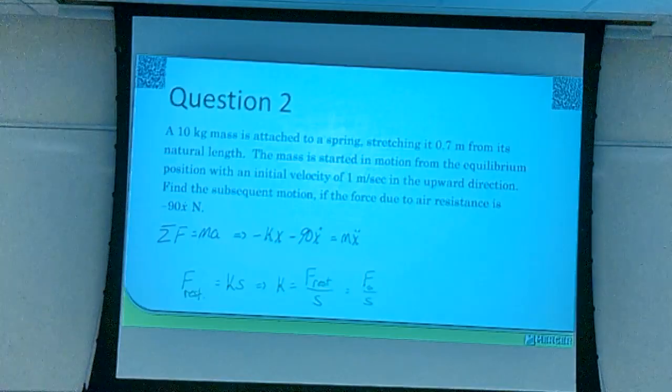S is the distance from natural length, positive if you're stretching, negative if you're compressing. The force due to gravity is weight, which is 10 kilograms times g.